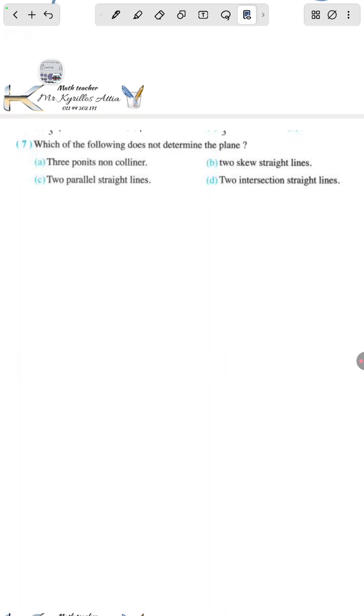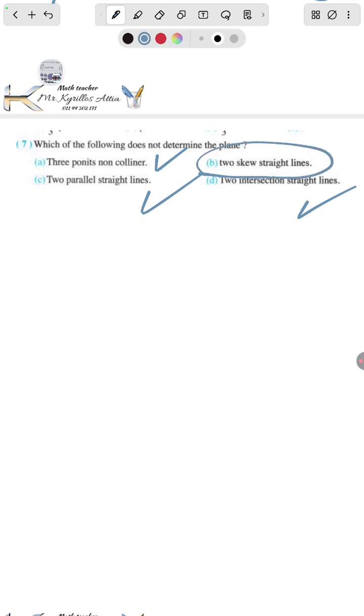A. Which of the following doesn't determine the plane? Number 1, three non-collinear points, yes, it will determine the plane, and two parallel or intersecting lines. The only one that doesn't determine the plane is two skew lines, because they are not located on the same plane.